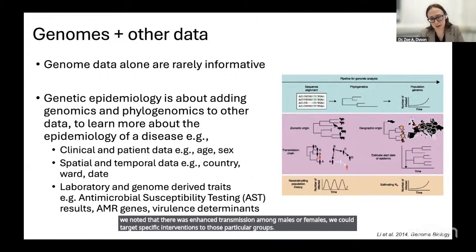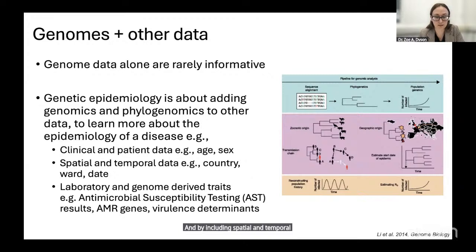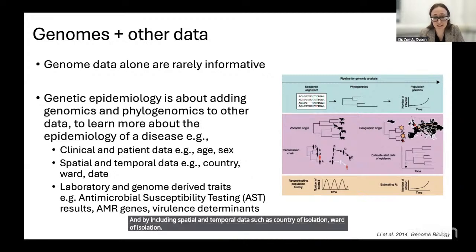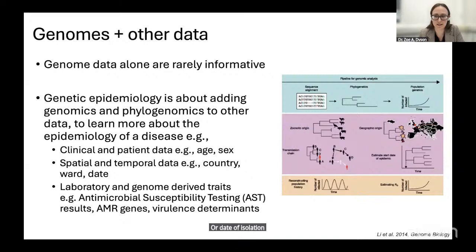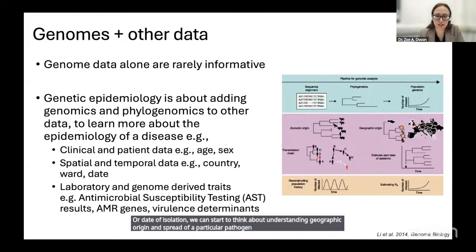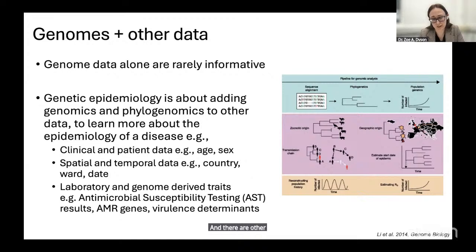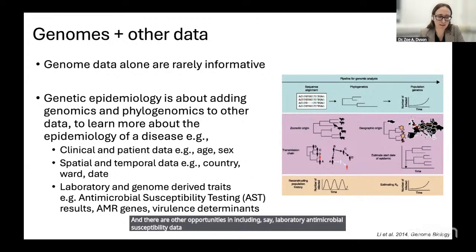And by including spatial and temporal data, such as country of isolation, ward of isolation, or date of isolation, we can start to think about understanding geographic origin and spread of a particular pathogen, as well as potentially reconstructing the transmission chain. There are other opportunities in including laboratory antimicrobial susceptibility data, as well as genome-derived data on antimicrobial mutations or genes, as the alignment of these data against a pathogen population could help us identify where we are missing information on how resistance is occurring in a particular population.